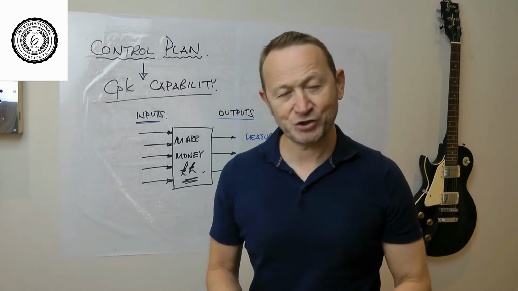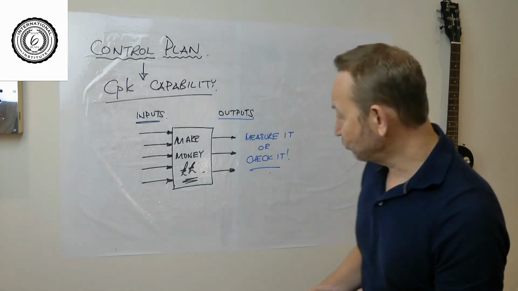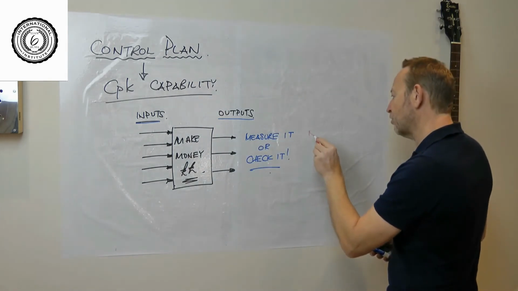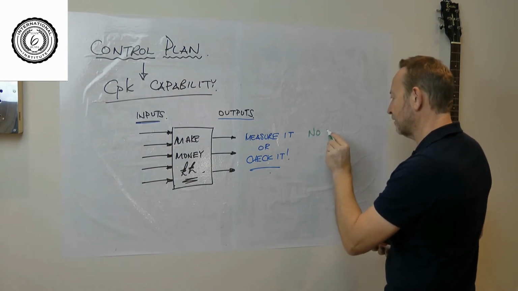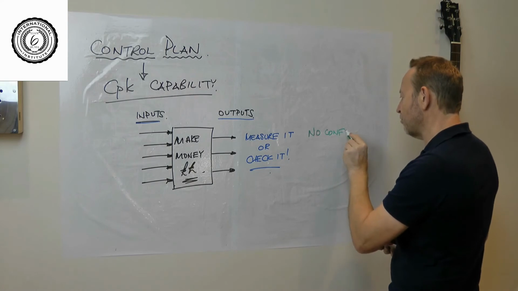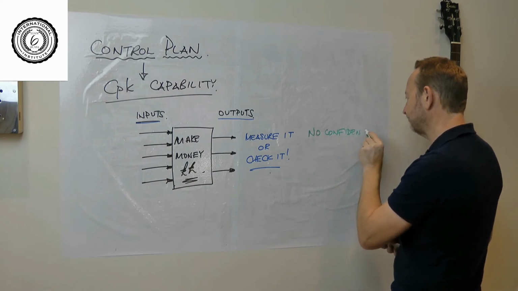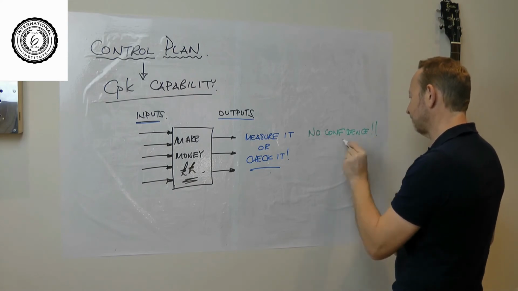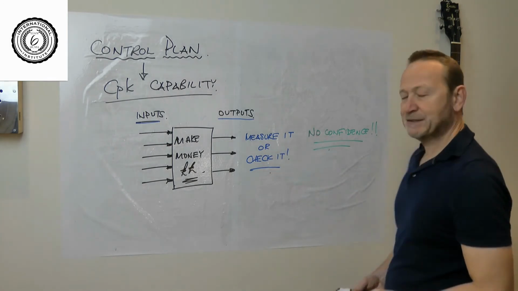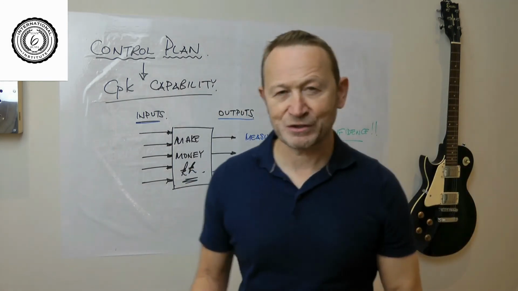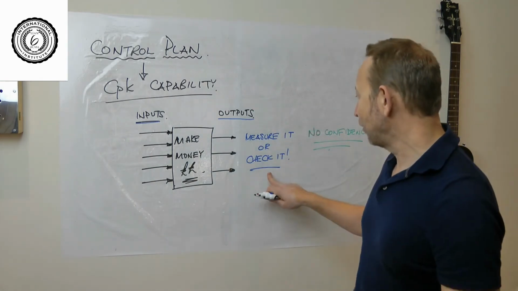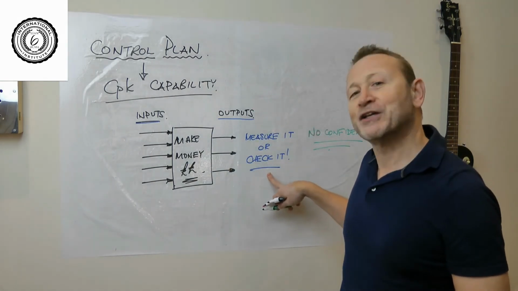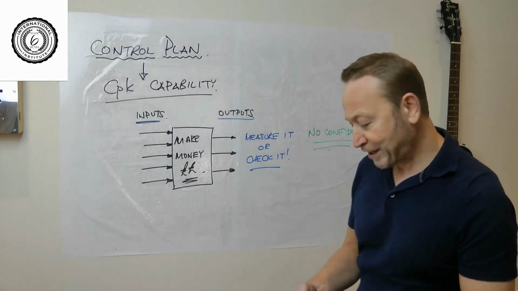That is an inspection plan, and it also shows no confidence in your process. What you're basically saying is, I've set my process up, I haven't got a clue whether it's going to work, and because I haven't got a clue whether it's going to work, what am I going to do? I'm going to measure it or check it.